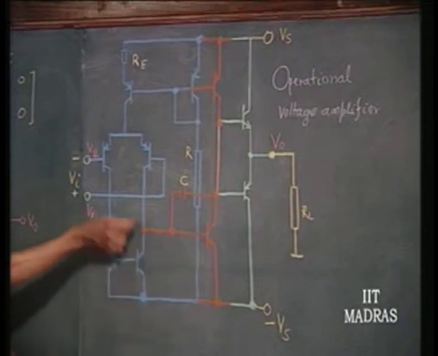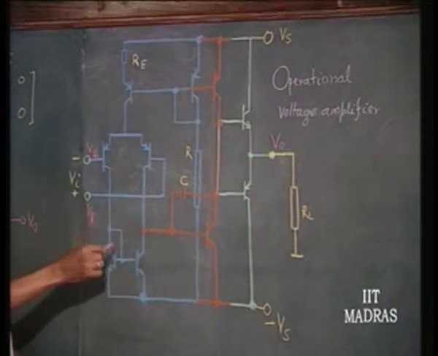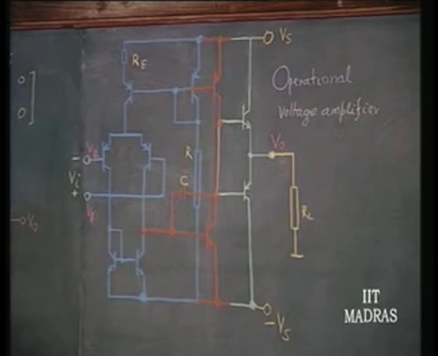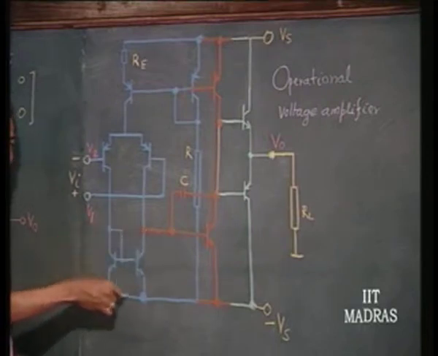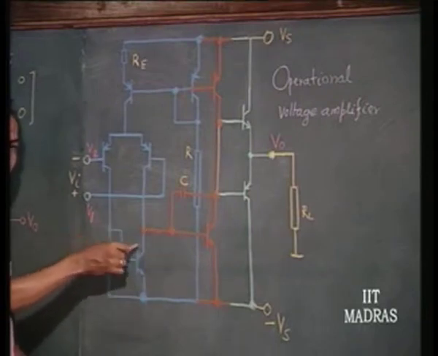So, as to make the load, okay, load is now going to be decided by the NPN transistor, which is a current mirror. So, this is the active load, which is going to be the NPN current mirror.